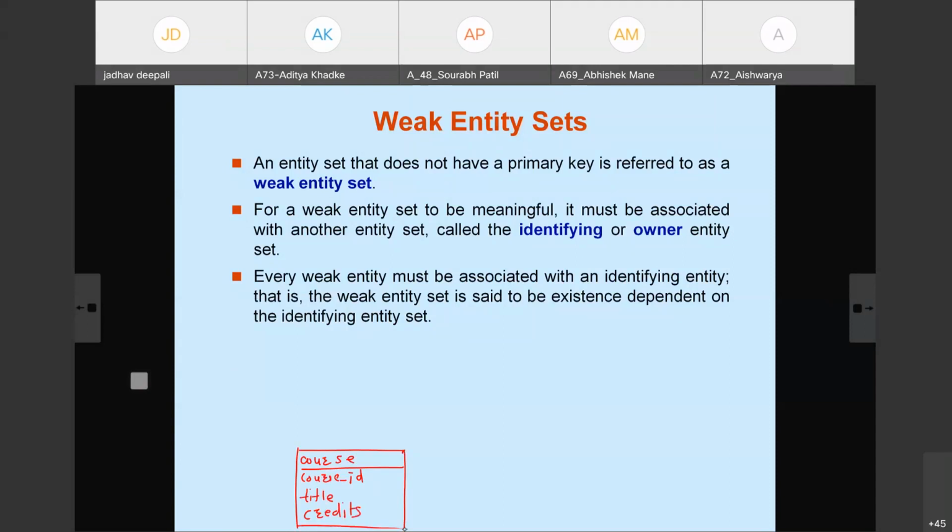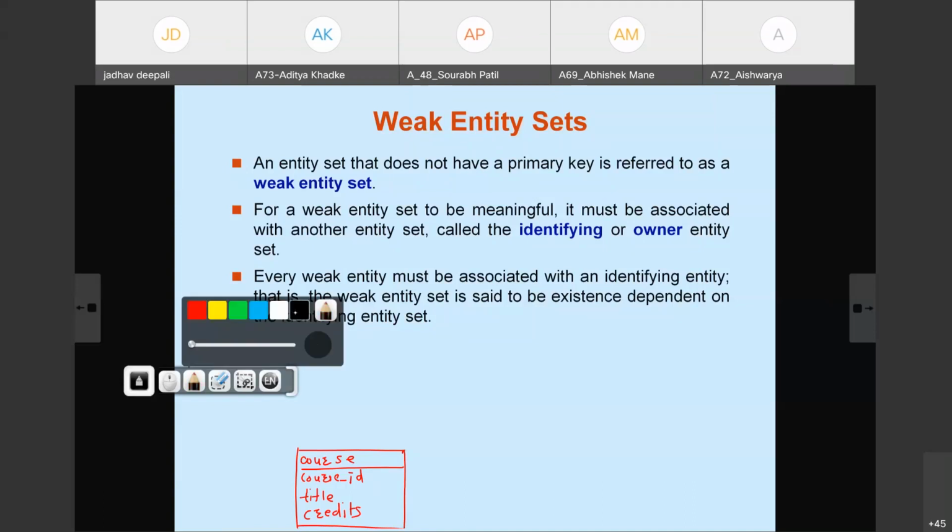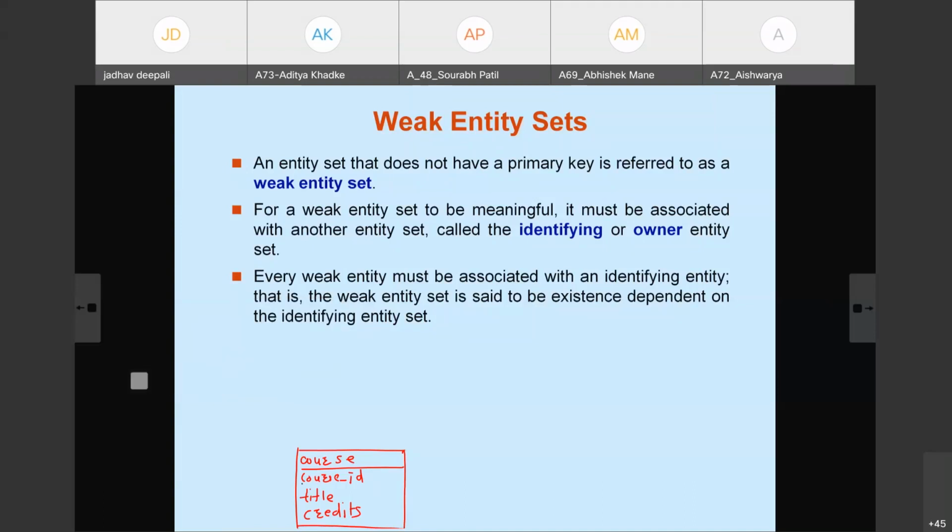Okay, try to understand these concepts. So the course entity set is there with course ID, title and credits. Among that, the course ID is the primary key. So we call it a strong entity. Why? Because it has a primary key.